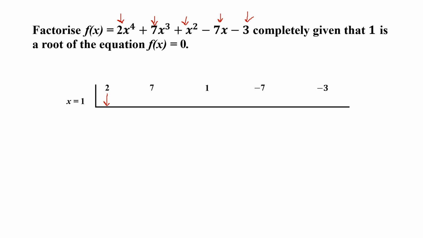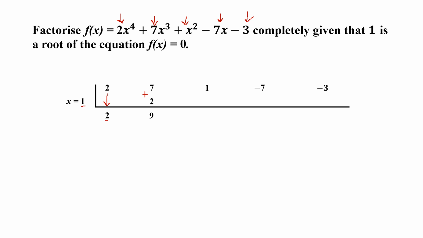We get 2. To find the next number under 7, we multiply 1 by these 2 and we get 2. To find the number under these 2, we add them: 7 and 2, we get 9.